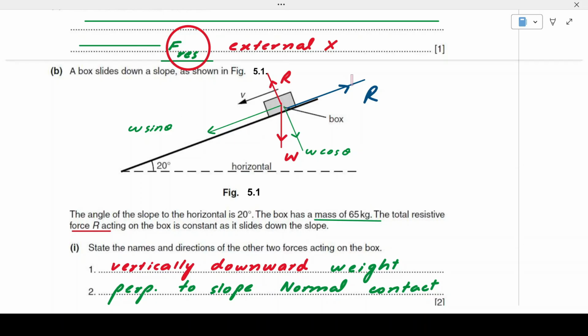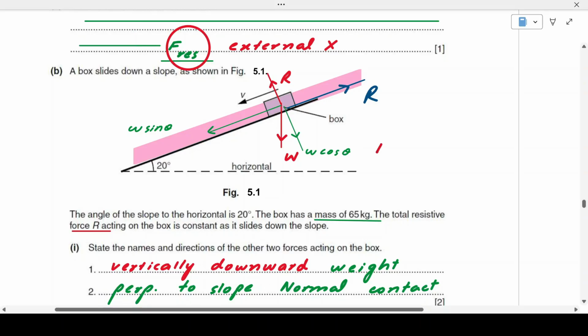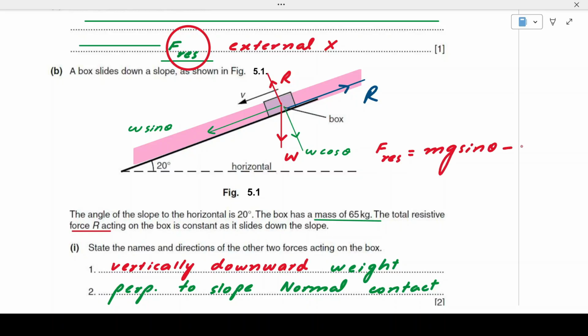Now let's talk about this direction. So the resultant force would be downward force W sine theta or mg sine theta minus the upward force. So what is the resultant force? 169. What is the force down the slope? W sine theta or mg sine theta?